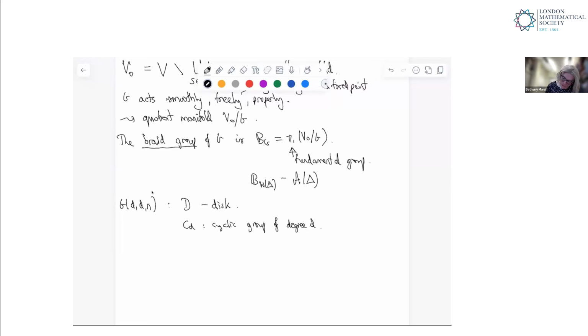So it's just isomorphic to Z mod d, the integers modulo d, if you want a more explicit version of it. So it just contains one element of order d. And this acts on D by rotation.